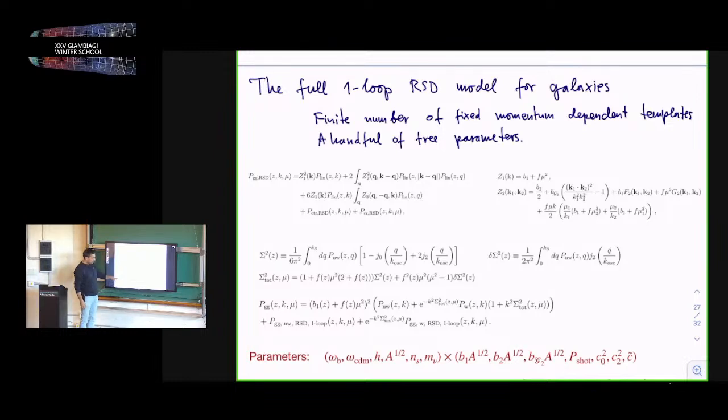The parameters in this model are cosmological parameters for whatever cosmology you want, and then there are some bias parameters. There are a few counterterms. For dark matter there was only one, here there will be more. And there is this shot noise. The amplitude of this Poisson noise is a priori unknown. So all these parameters are jointly fitted from the data, and then if you want to know only cosmology, you can simply marginalize over these nuisance parameters. Is this clear?